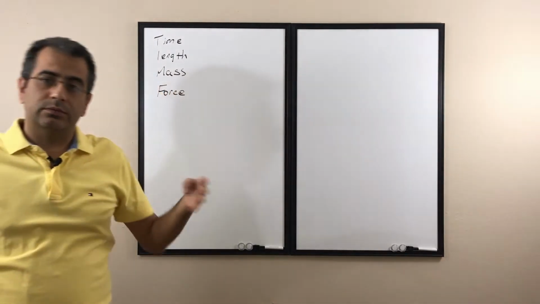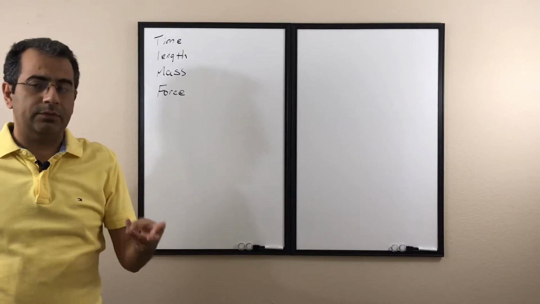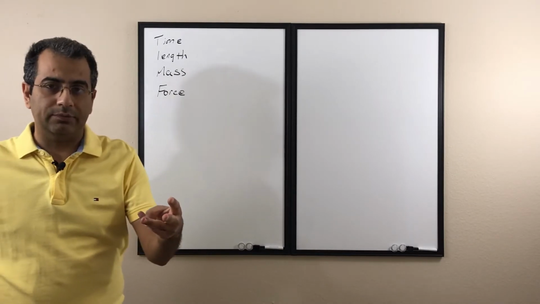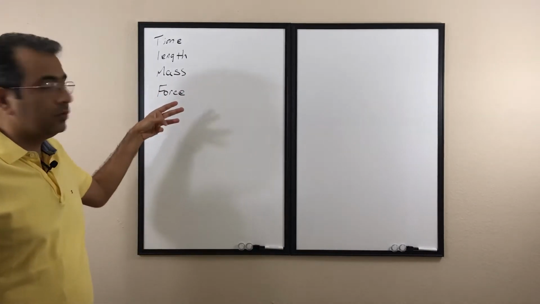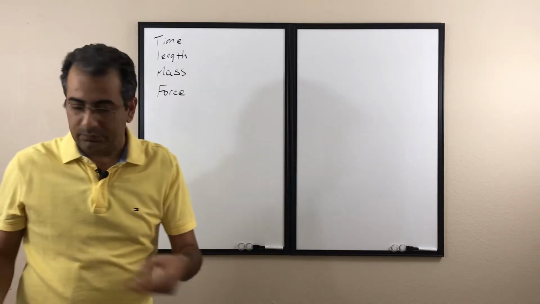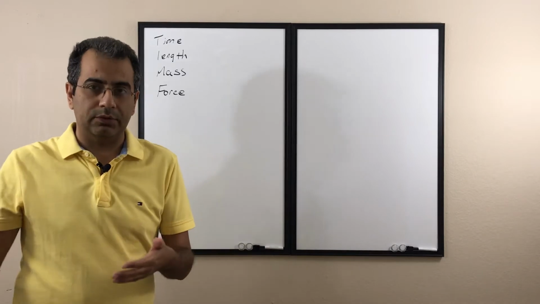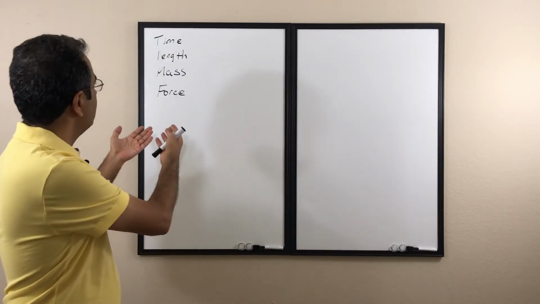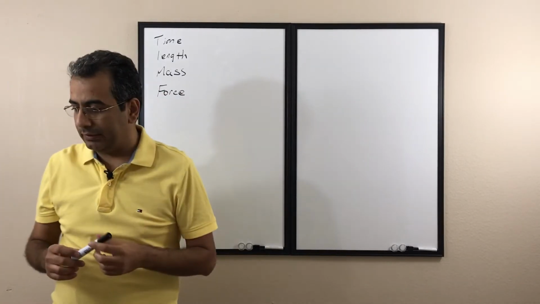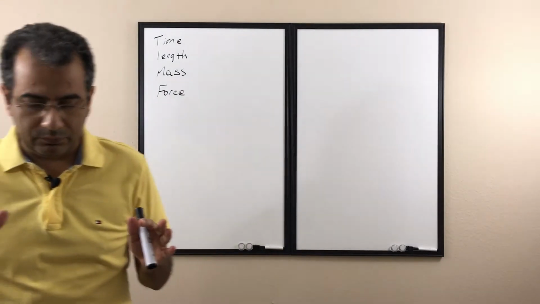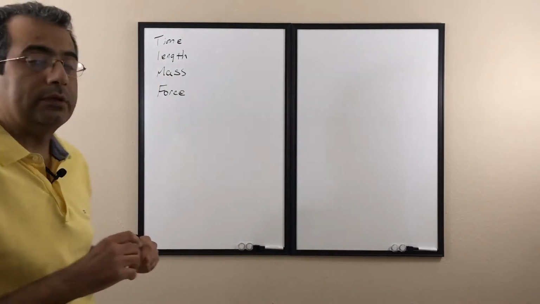Among these four units, three of them are independent, so we choose three of them, and then we calculate the fourth one from the other three. Later on, when we get to the topic of units, we'll talk in more detail about how we are going to use these units and what the different systems of units are.